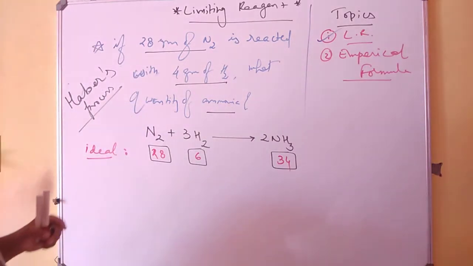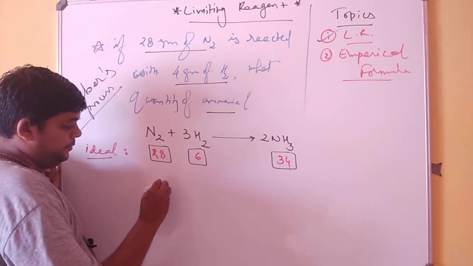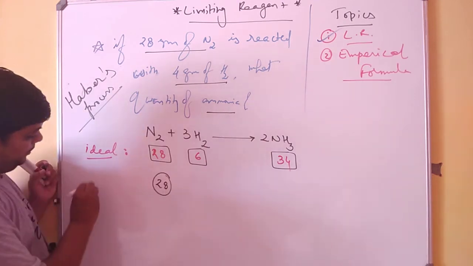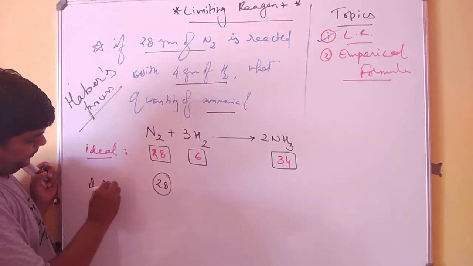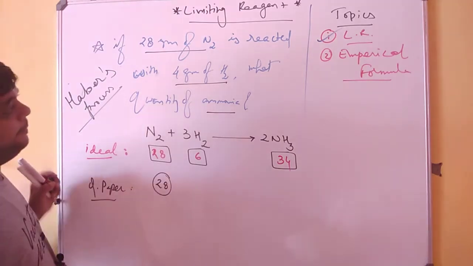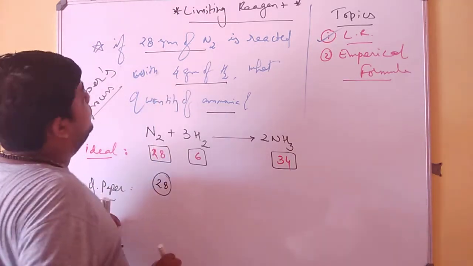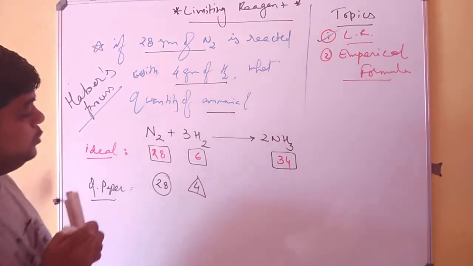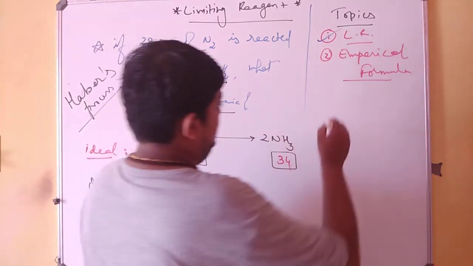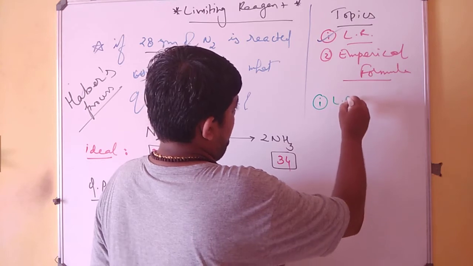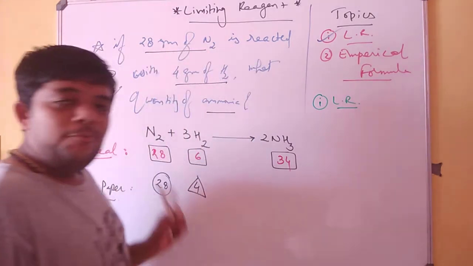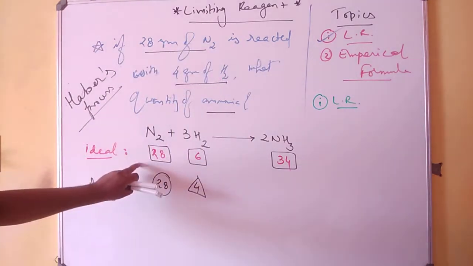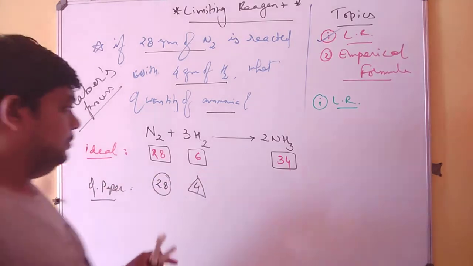What quantity of N2 do you have, from the question paper? 28 gram. And what quantity of H2 is given? 4 gram. So the first task is to identify the limiting reagent. From here itself you can say that when you have 28 you require 6, but you are given 4.